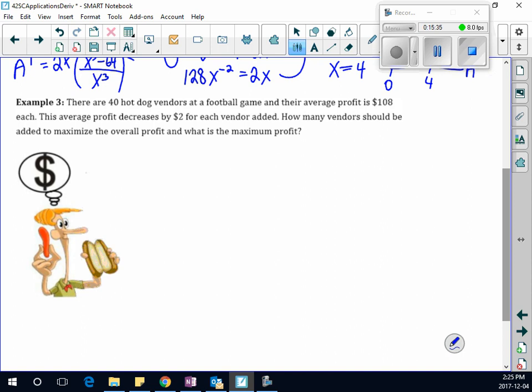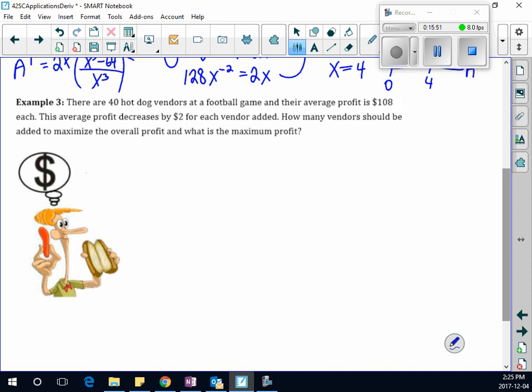I know how I taught this in grade 11, but I don't know how you did this. You don't remember? I always said if you have no idea, do a little chart so you can see what's happening.